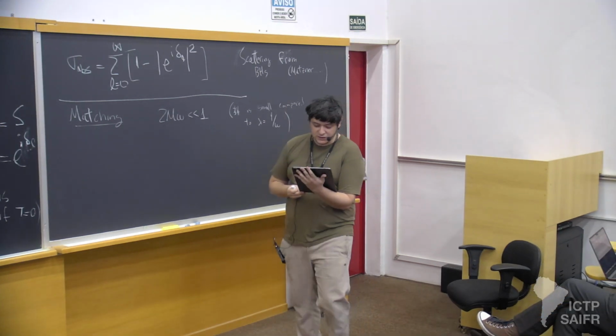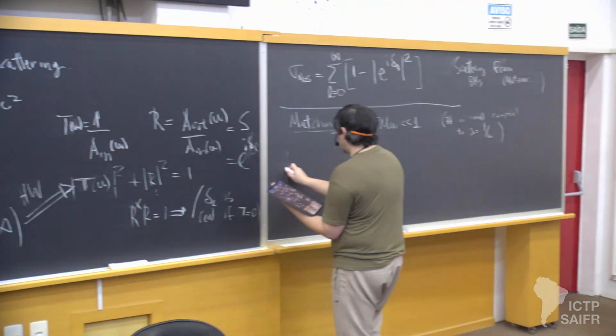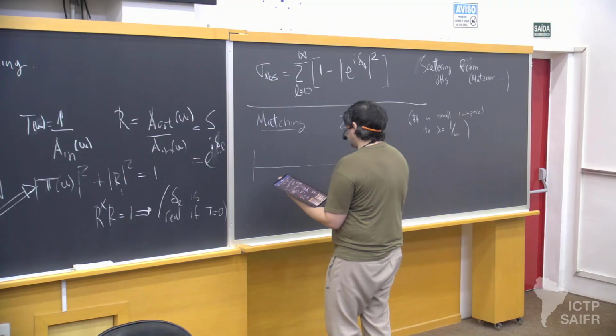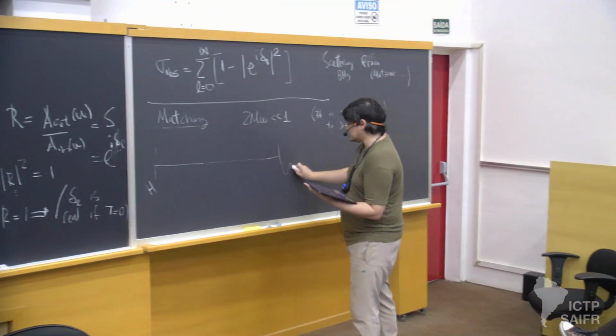In this case, we have an interesting zone decomposition. We know what happens at the horizon, and we know what happens at infinity.